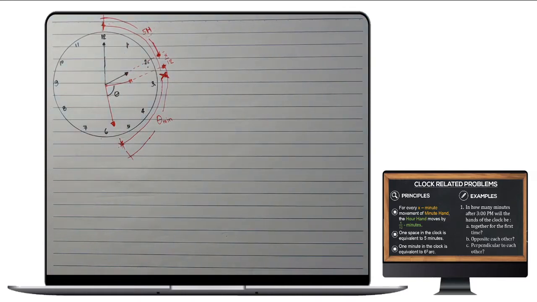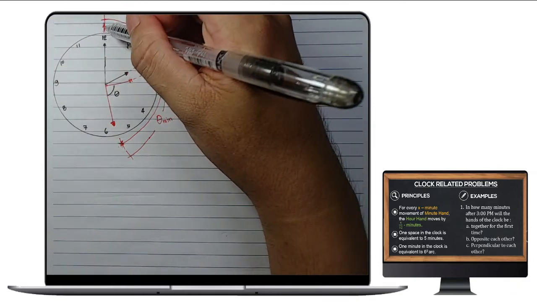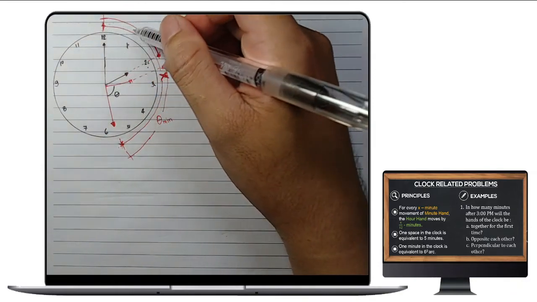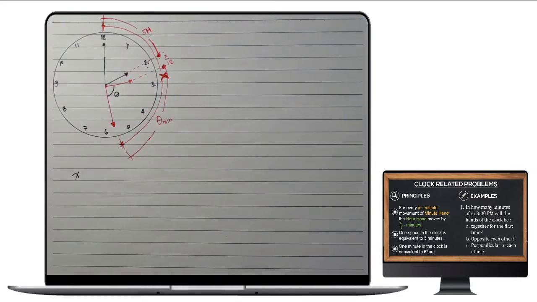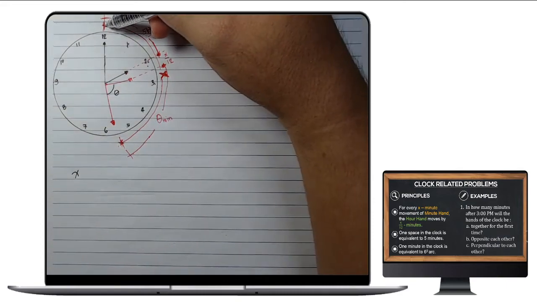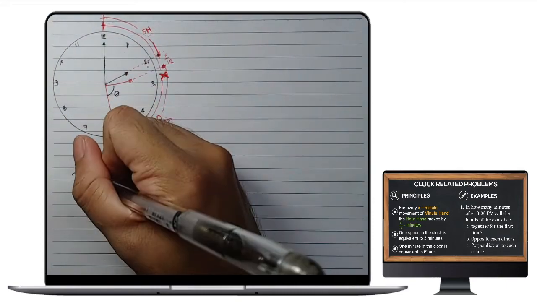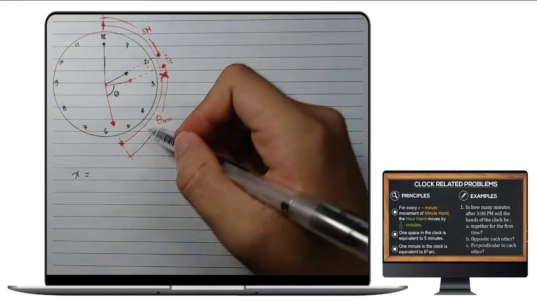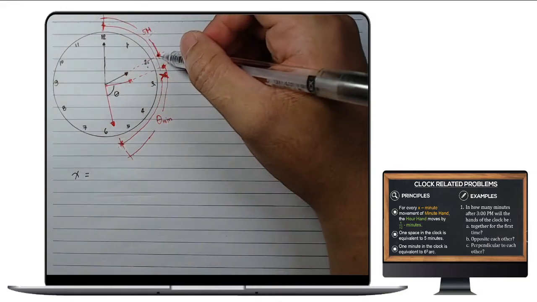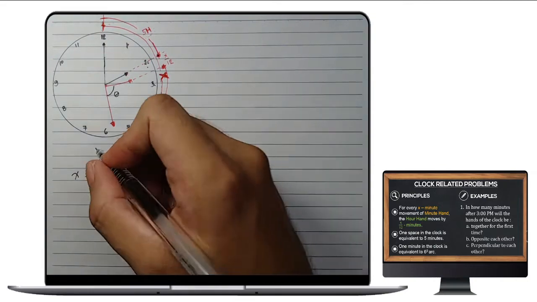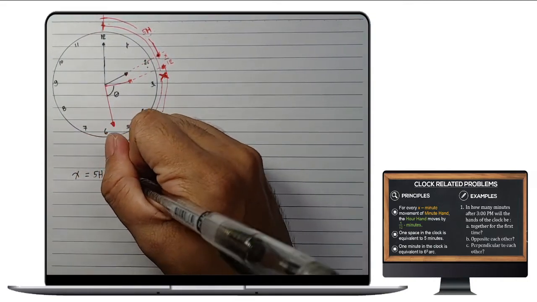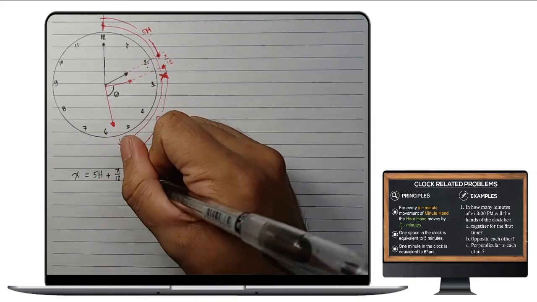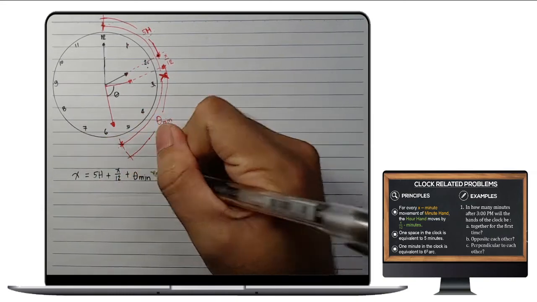So with that, we can form this equation. We can say that if from this point up to this point, so yung buong to is equal to x minutes. Then, from this point to this point is 5h. So, pwede nating sabihin that yung x minute is equal to 5h plus x over 12 plus theta in minutes.